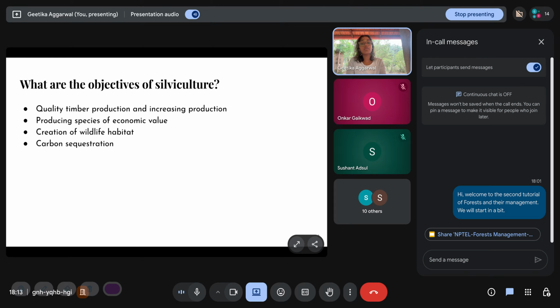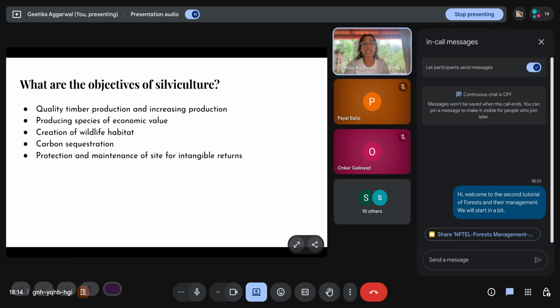So if carbon sequestration is our main goal, then we would like to plant that area with trees which can quickly take up carbon and which can store a large amount of carbon in their biomass. That is basically carbon sequestration. It will lead to cleaning up of your air and of your environment, and control the amount of pollution that's present in that area.